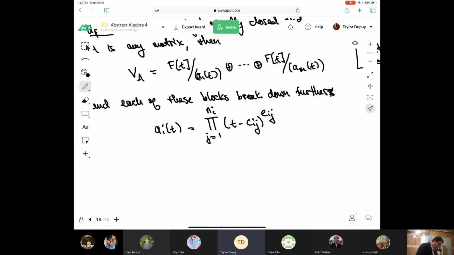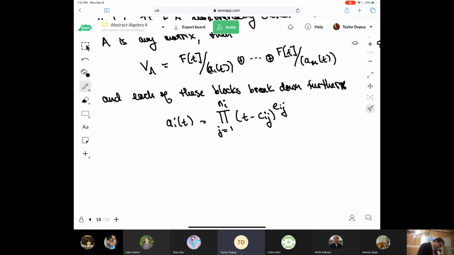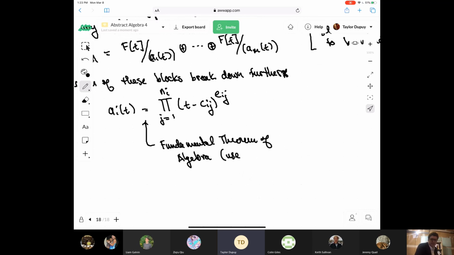This is by the fundamental theorem of algebra, which says that over algebraically closed fields you can factor polynomials into these degree 1 terms.